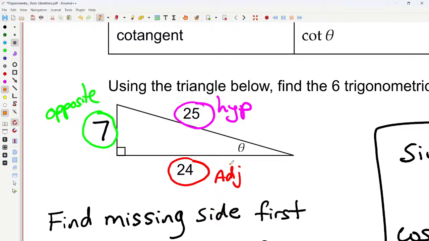What I'm saying is the sine of, let's use 20. The sine of 20 is 7 over 25. That ratio, 7 over 25, is also the cosine of 70.